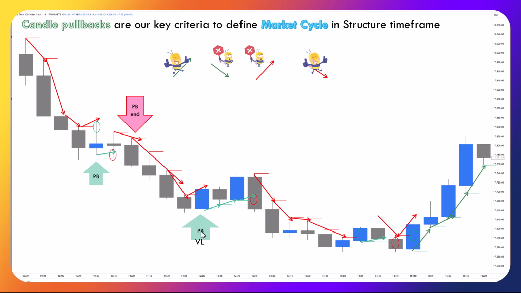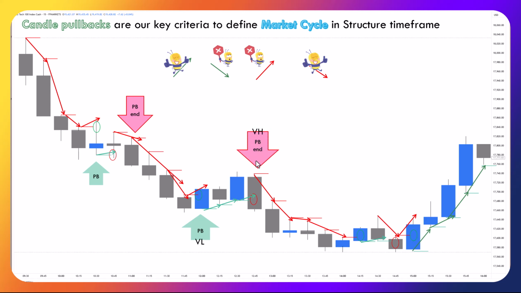Not only is it a pullback, but this one is a valid low. Why is it a valid low? Because the breakout of the high is by candle close. Okay, here the breakout of the high was with a shadow. Okay, now this is not only the start of the pullback, but also a valid low.